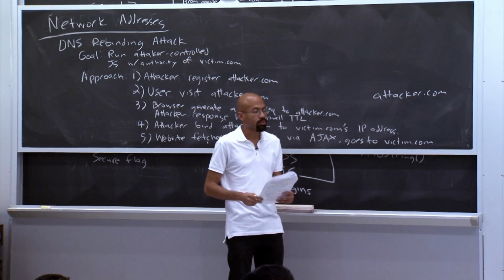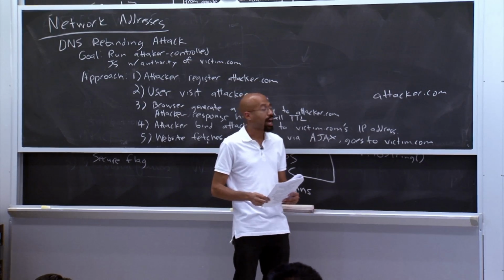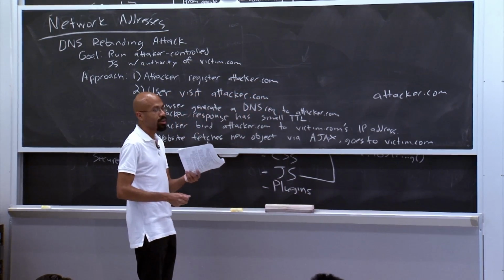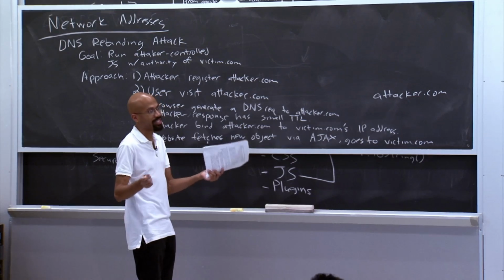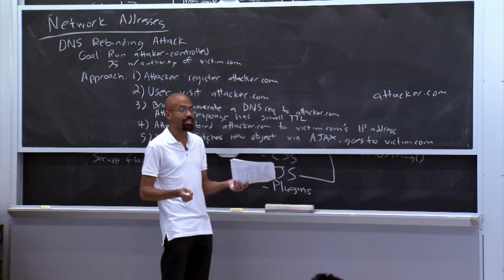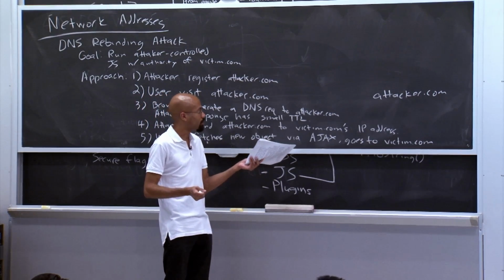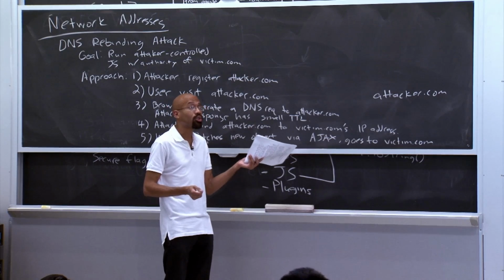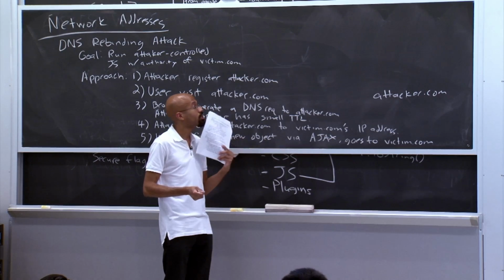Does this work over HTTPS? That's an interesting question. HTTPS has these keys, right? So the way you'd have to get this to work with HTTPS is if somehow attacker.com could, let me think about this.